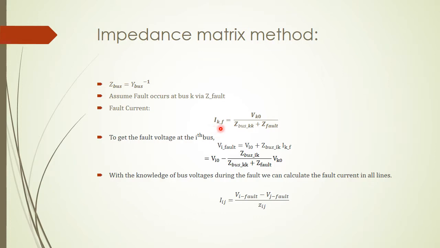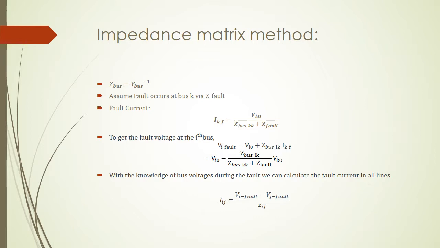I fault in the bus K equals the voltage at bus K before the fault divided by the element KK from the Z-bus matrix plus the Z fault.